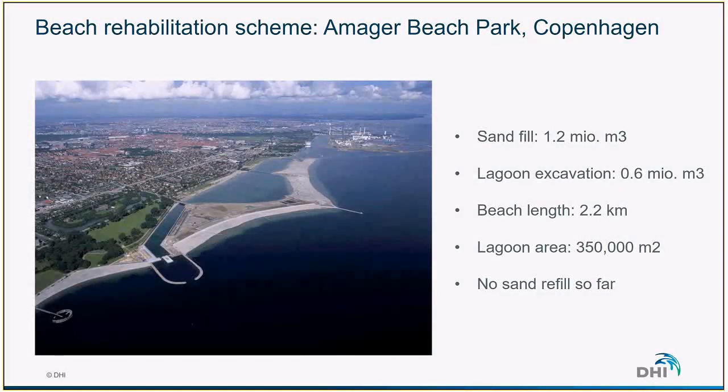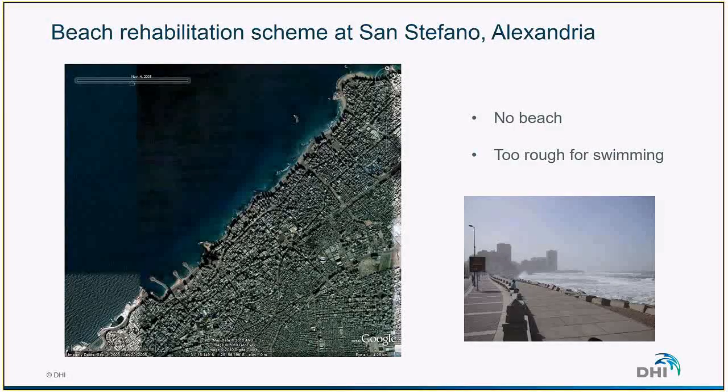It was more an unattractive neighborhood. So this beach has completely changed the way this part of Copenhagen is behaving, and it's now a great asset for the city. This is another example of a project where DHI has been working.